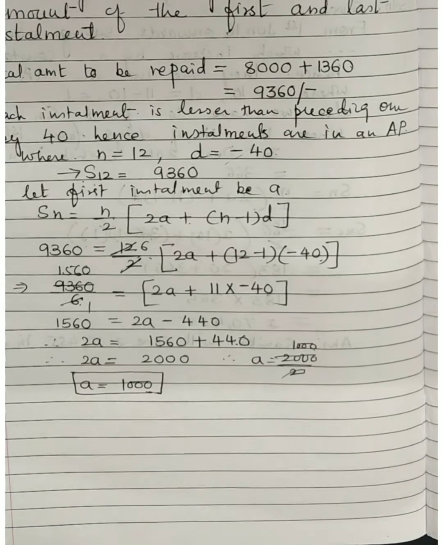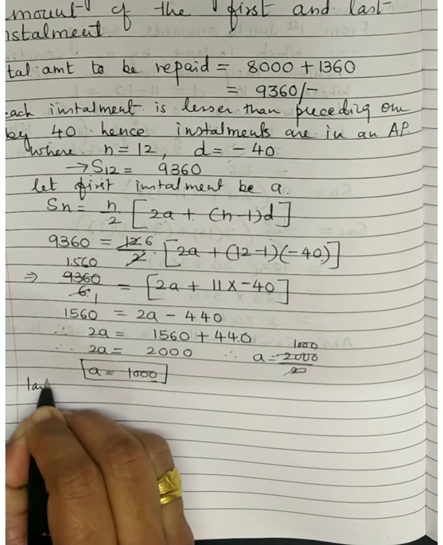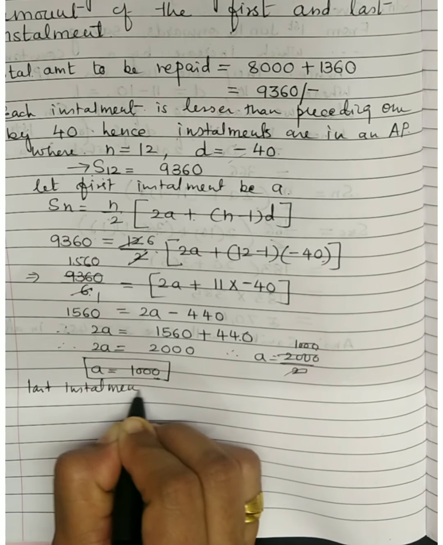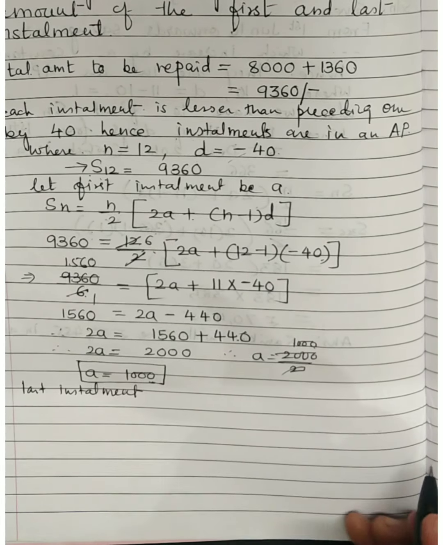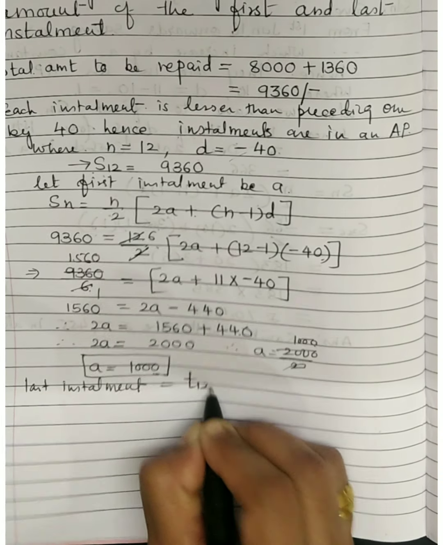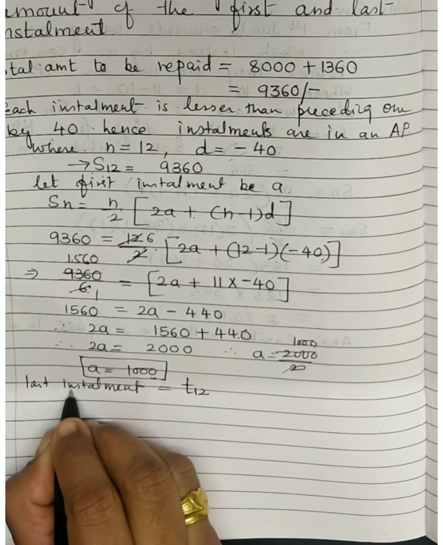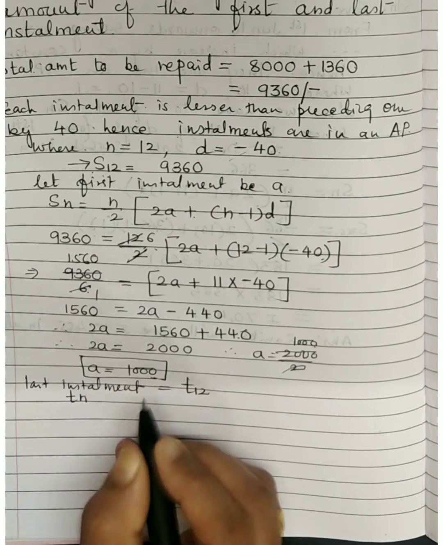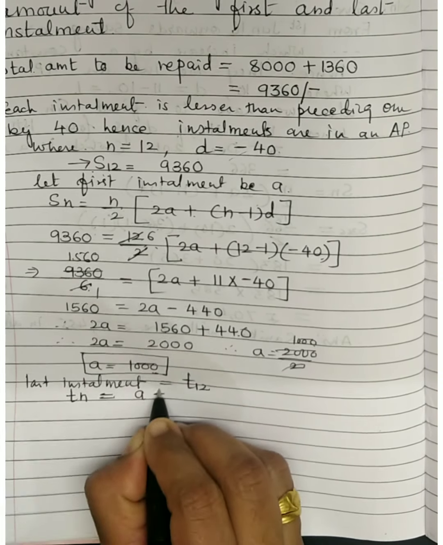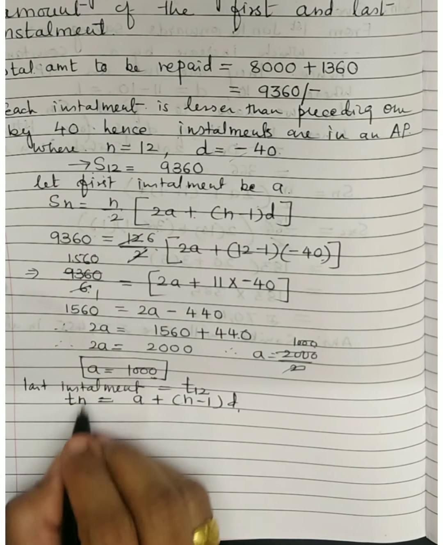Now I have asked you how will you find the last installment. How many total installments are there? 12. So the last installment will be T12, right? Now a is known, d is known, n is known. So which formula are we using for the last installment? The nth term formula. Tn is equal to a plus n minus 1 into d.